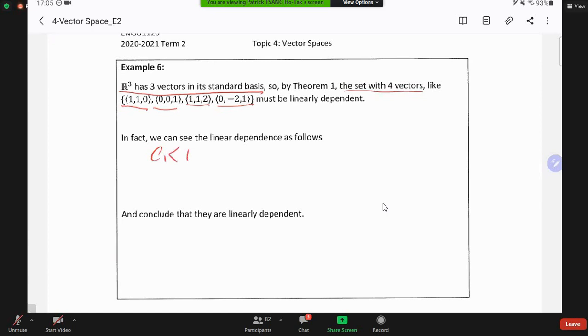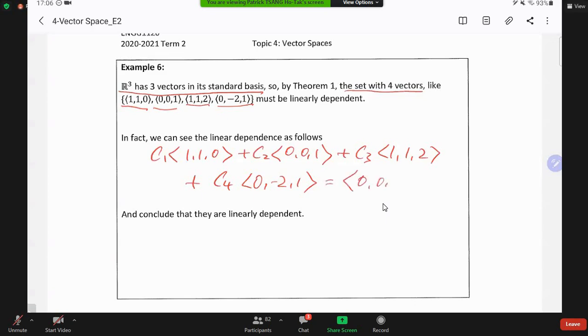Suppose there are several constants C1, C2, C3, and C4, and I take the linear combination of these 4 vectors and try to equate it to a zero vector.